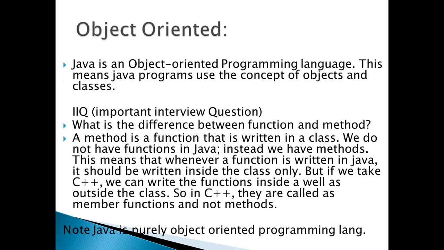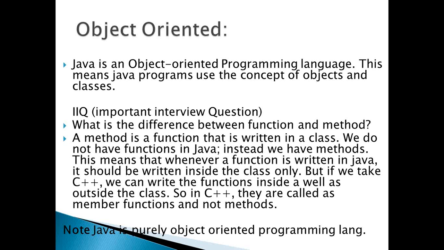Next thing is the so-called object-oriented specification, OOPs. Let me give the definition and move on. Any programming language which follows the principle of object-oriented specification, or you can say any programming language which uses classes and objects for communication, is known as an object-oriented programming language.